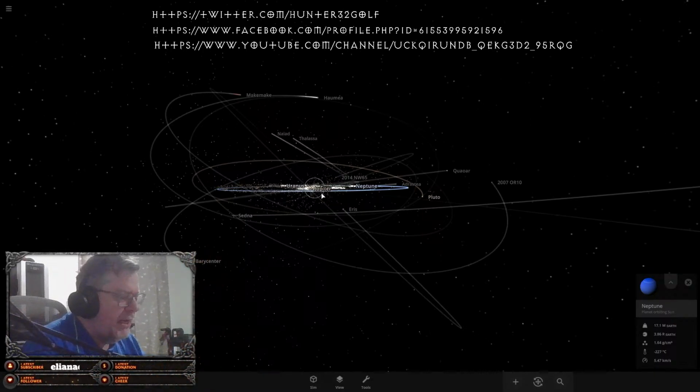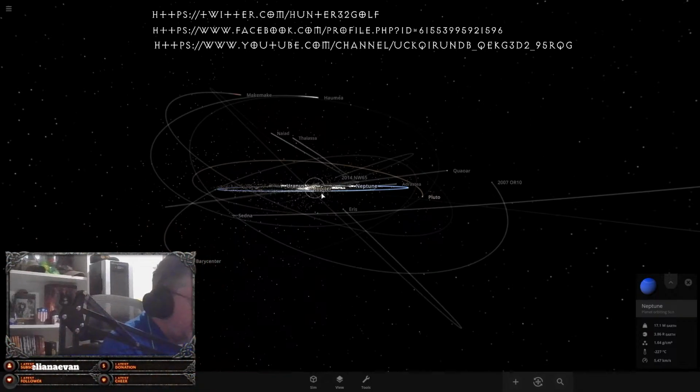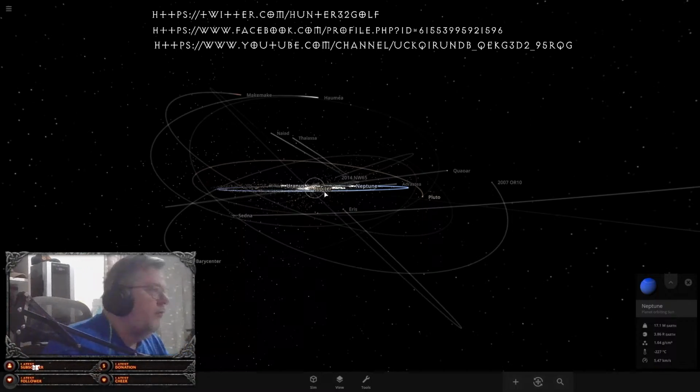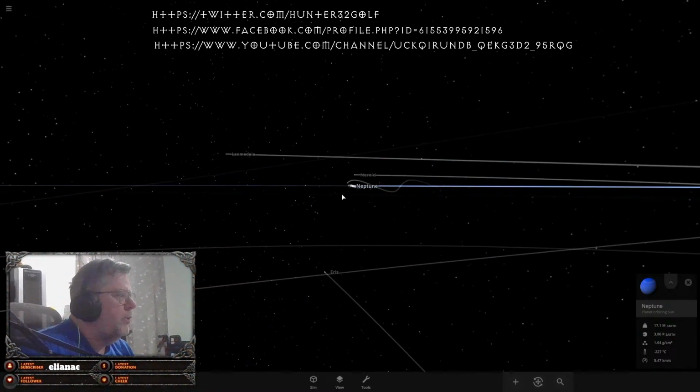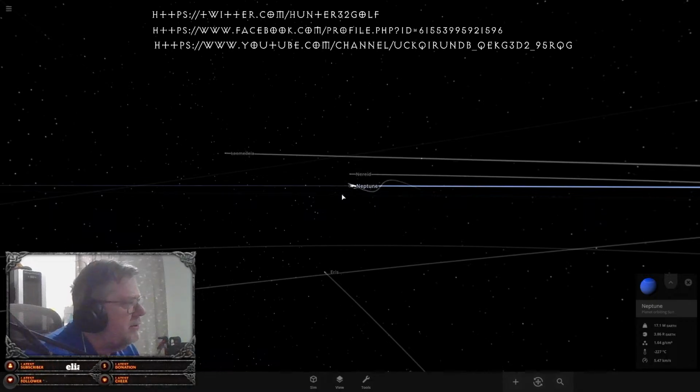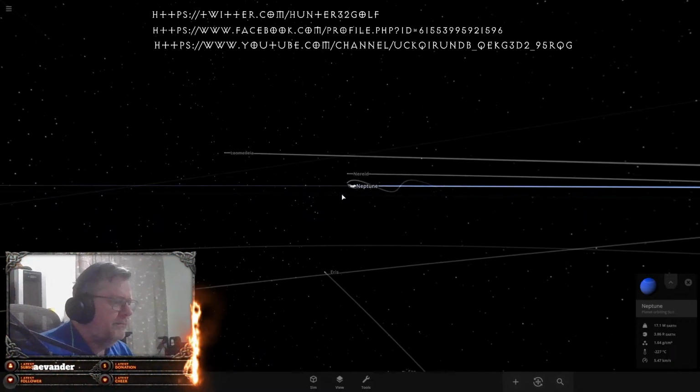The solar system is broken down into the 4 inner terrestrial planets and the 4 outer gas giants, also referred to as the Jovian planets. The first of which is Neptune, which we were looking at. Neptune is 17 times the mass of the Earth.